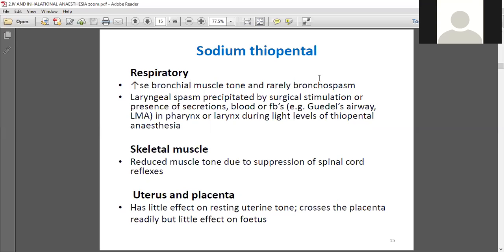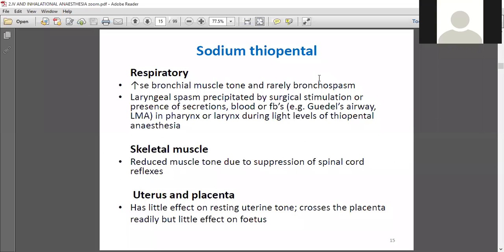So when you have those things in the airway, it can cause laryngeal spasms. Then skeletal muscle: it causes reduced muscle tone due to suppression of the spinal cord reflexes.